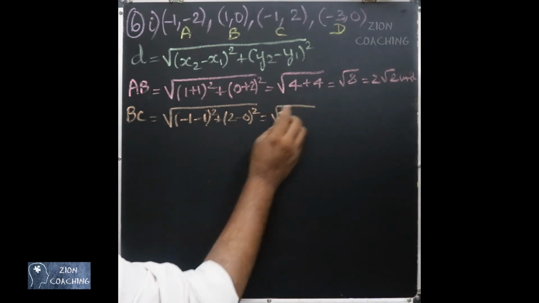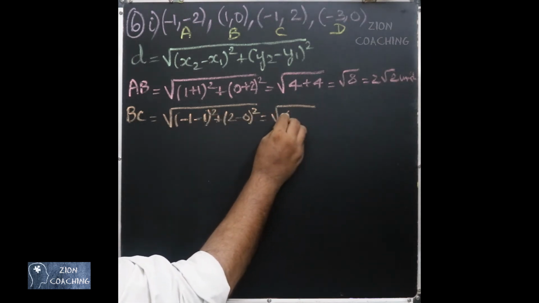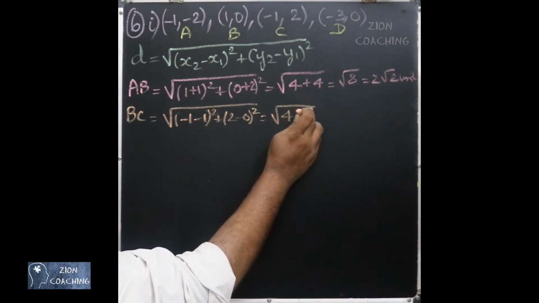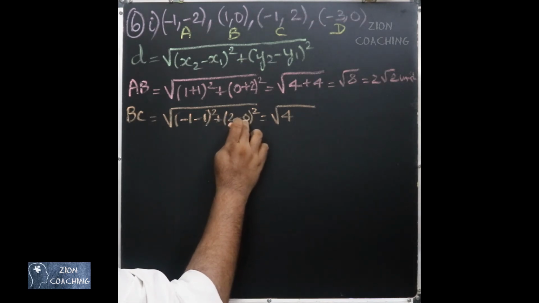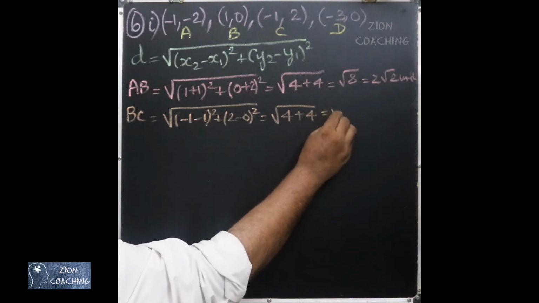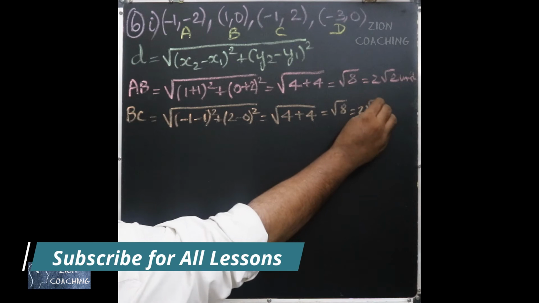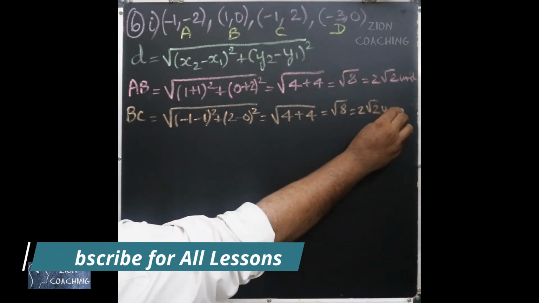That is minus 2, minus 2 the whole square is 4. Then 2 minus 0 is 2, 2 squared is 4. So we have 4 plus 4, which is root 8, that is 2 root 2 units.